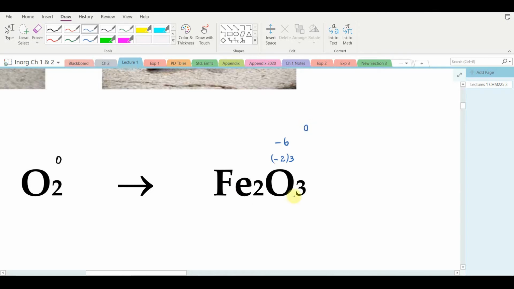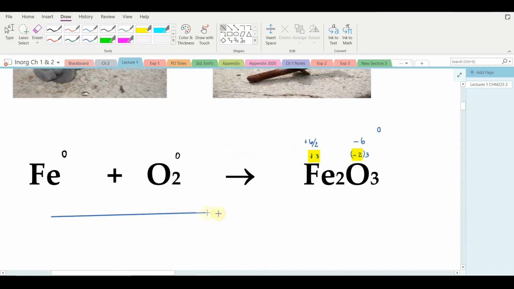And therefore the total positive charge for the 2 irons must be +6. Dividing that +6 by the number of ions present, each one is +3. So the oxidation number of oxygen in Fe2O3 is -2. The oxidation number of iron is +3.